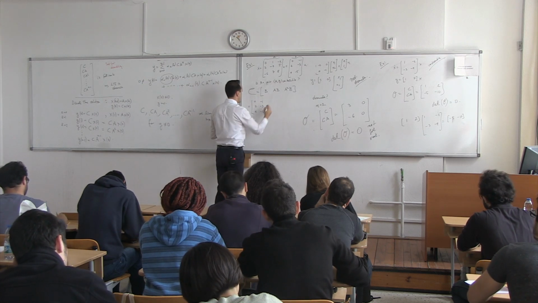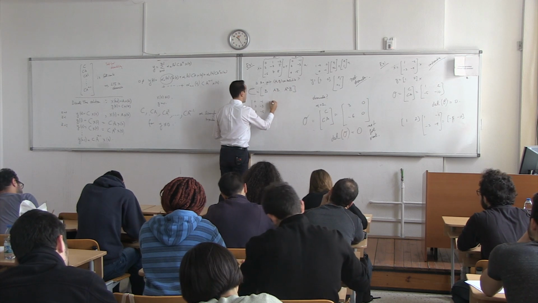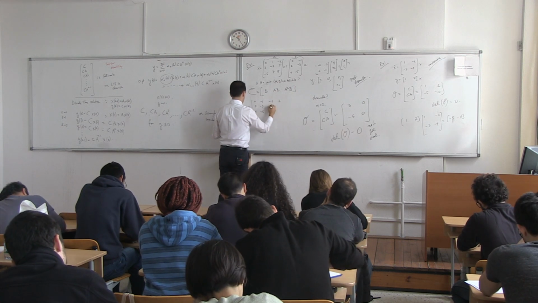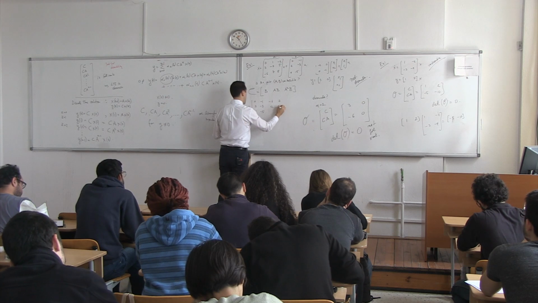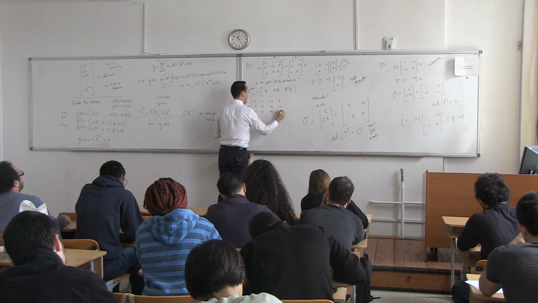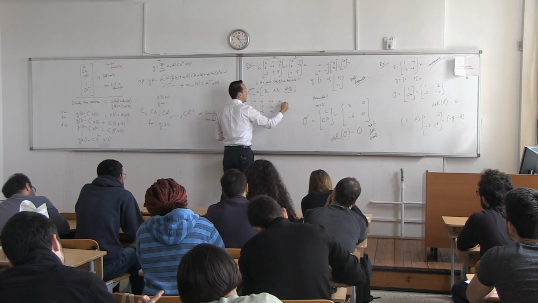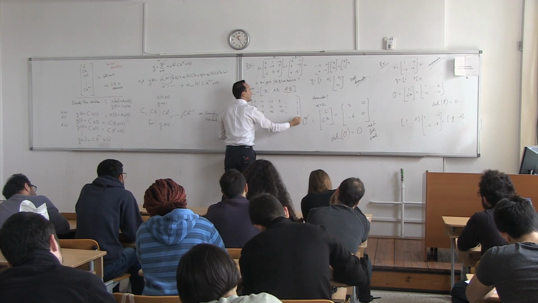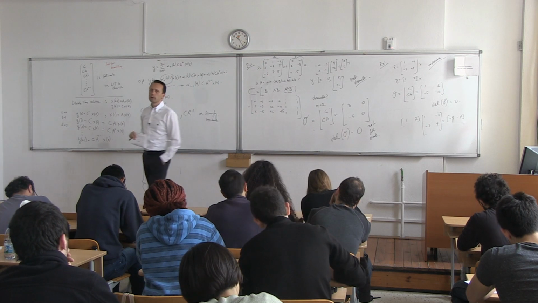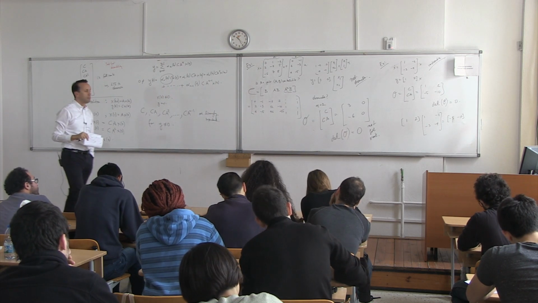Okay, write the first line. It's minus 6, 7, 12, minus 10, 46, minus 55. And then you have this one, which is a lot more. You need to have A squared and then multiply it with B.